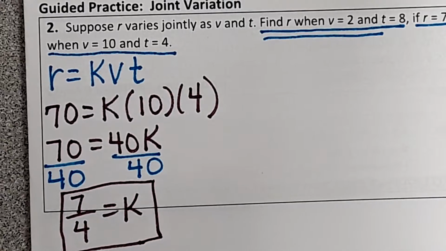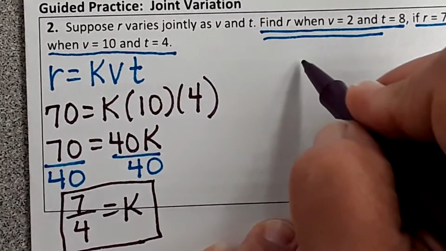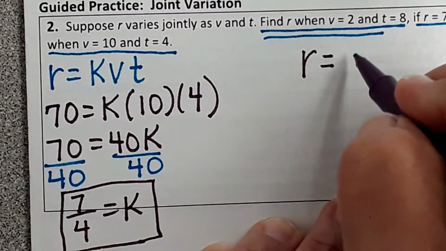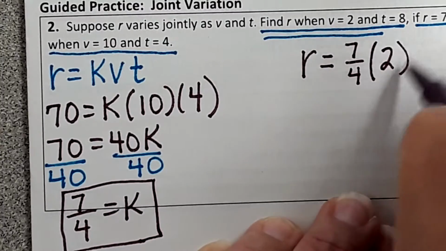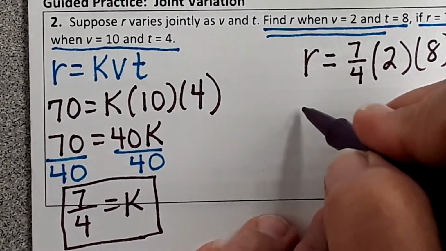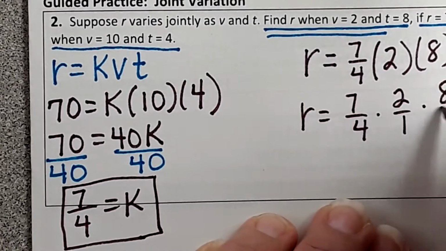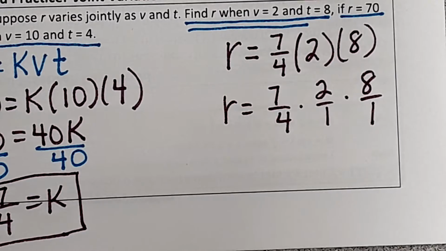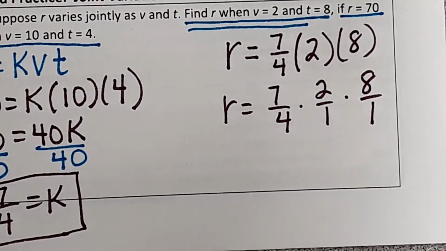Now it says find r when v equals 2 and t equals 8. So we have r equals 7/4 times 2 times 8. So basically, you need to find that joint variation equation.